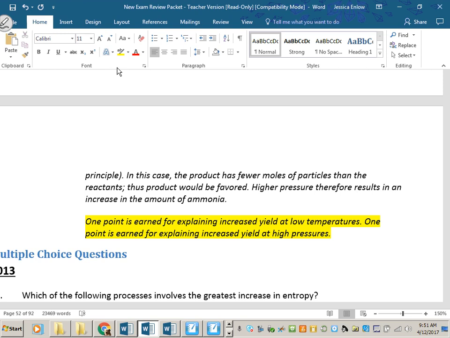All things that help. Yeah, it's actually not.